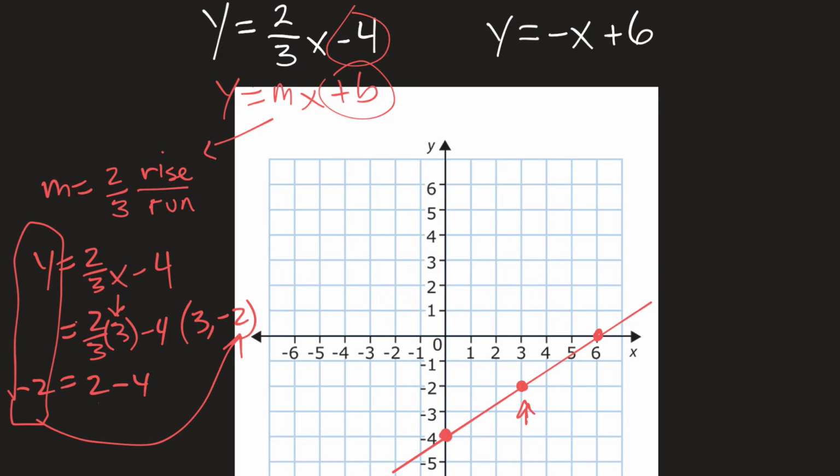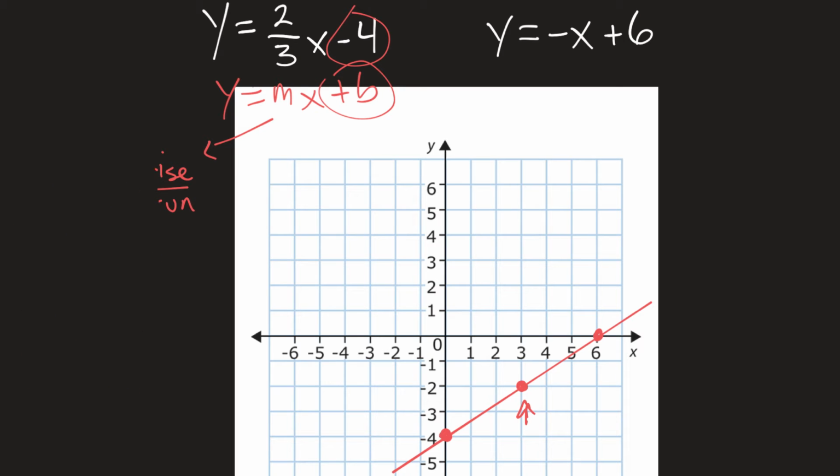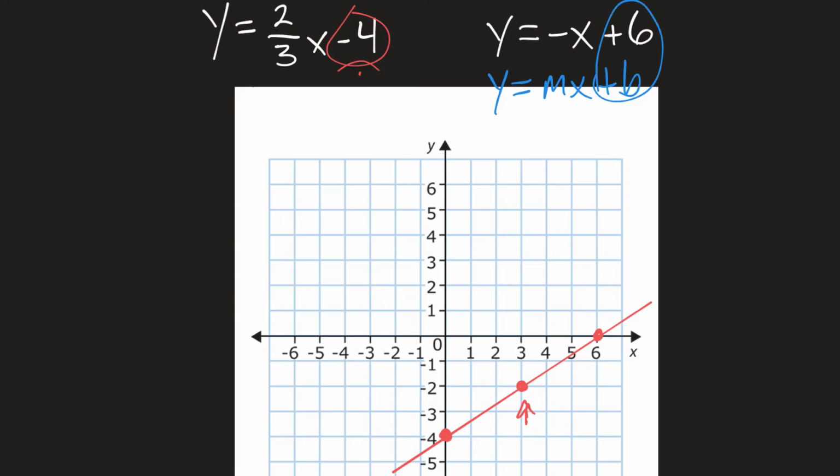Now the second equation, let me erase stuff here, because I don't want to get too messy around here. I want to clean things up a little bit. And the second equation, I'll do this all in blue. And so again, we have y equals mx plus b. B is 6. And then m is the coefficient of x, which in this case is -1.